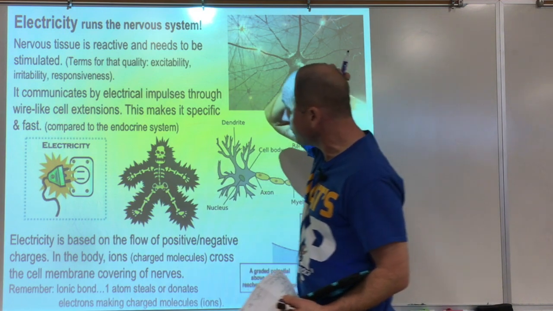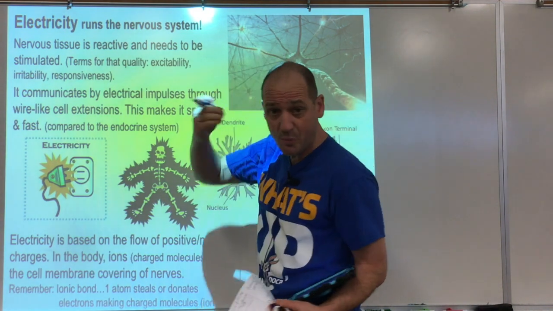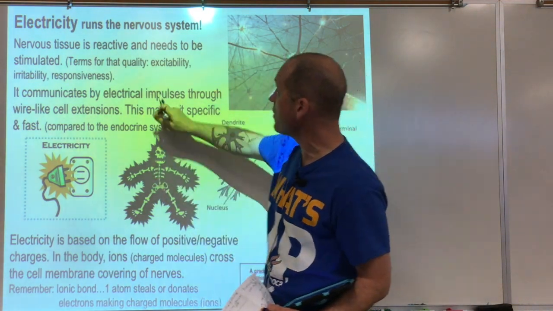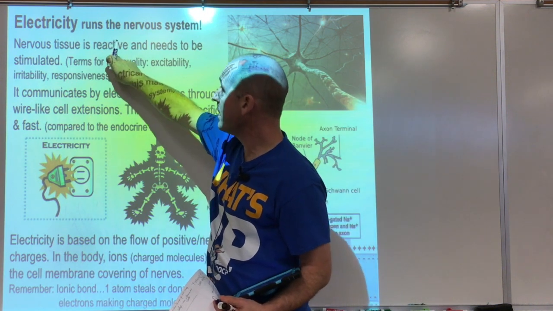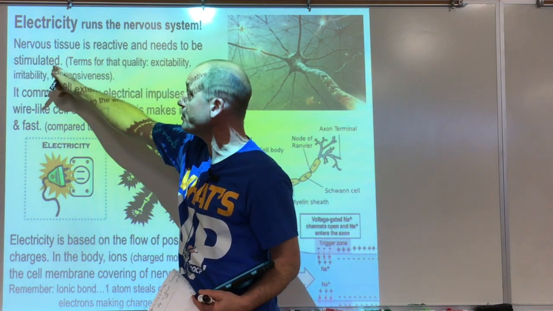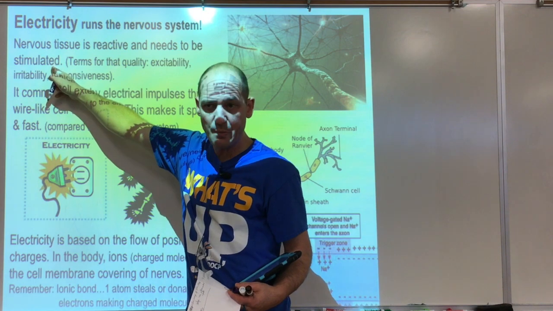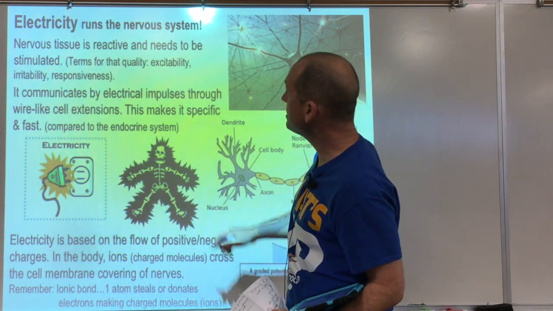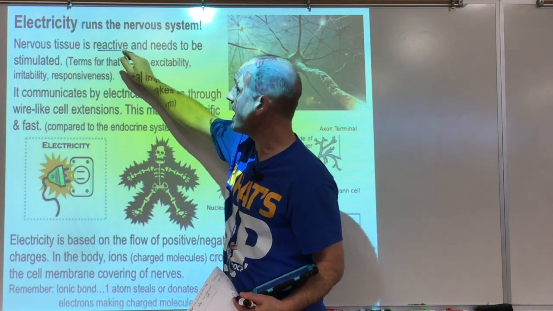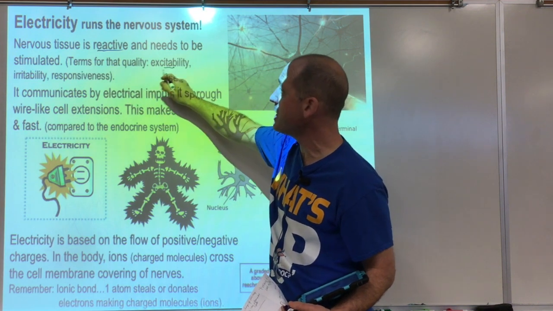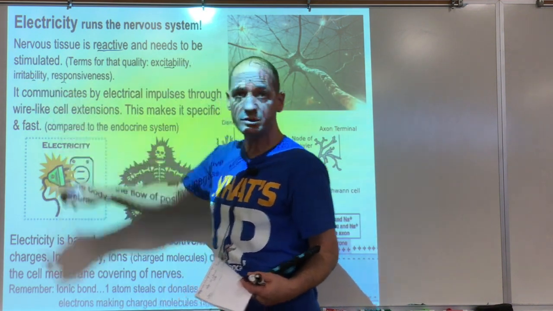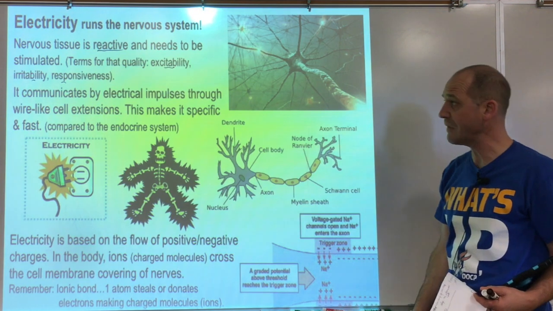Nervous tissue needs to be able to respond to electricity, so it's very reactive, and it needs to be stimulated to respond to something. That reactivity term, we also call that excitability or irritability or responsiveness. Those are terms that mean the same thing.